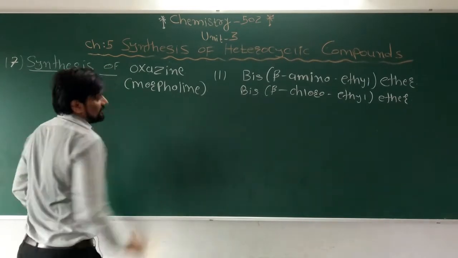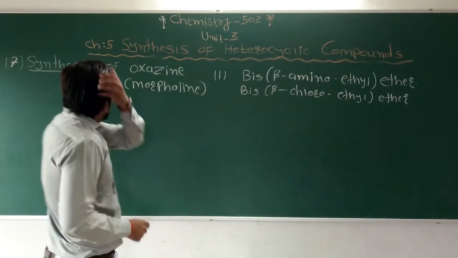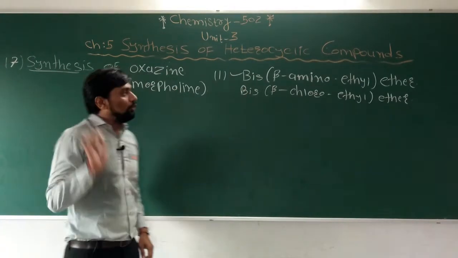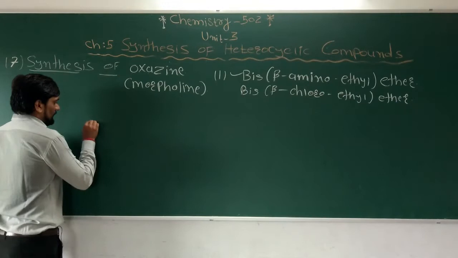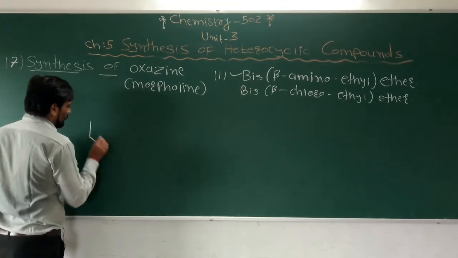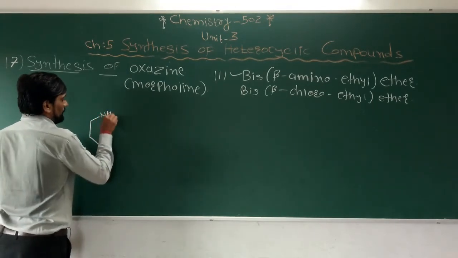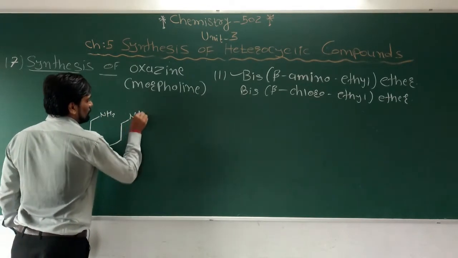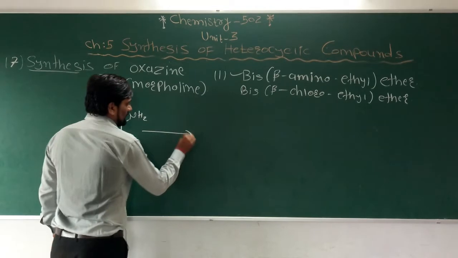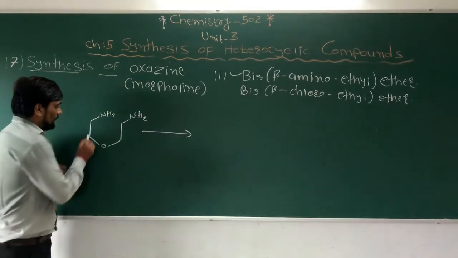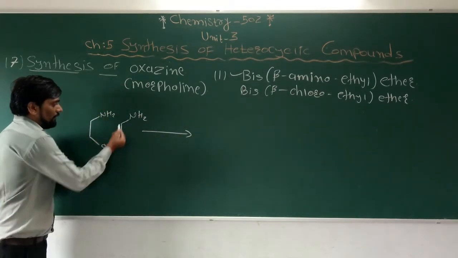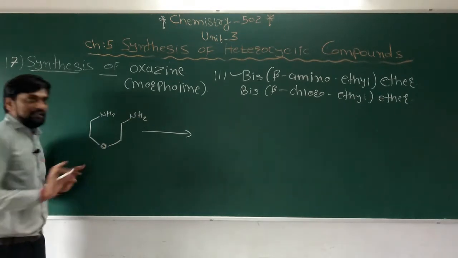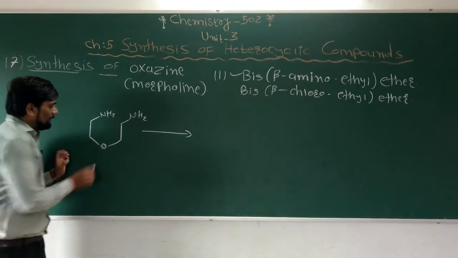So this is the first synthesis for oxazine. First of all, we take this compound, beta amino ethyl ether. This is the ether group, with oxygen, which is why it is an ether compound.